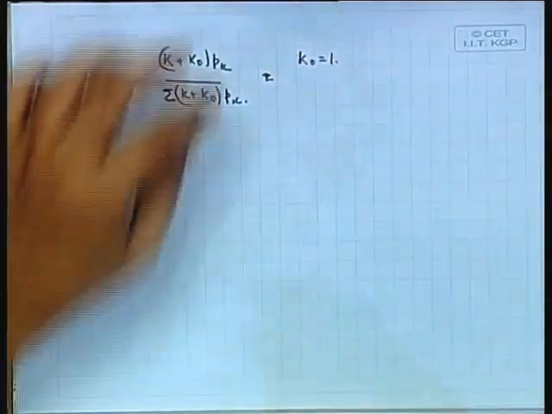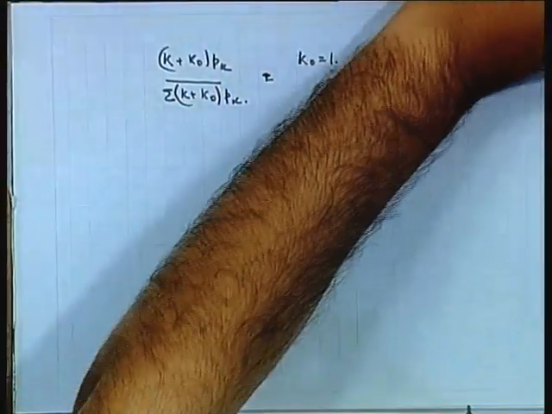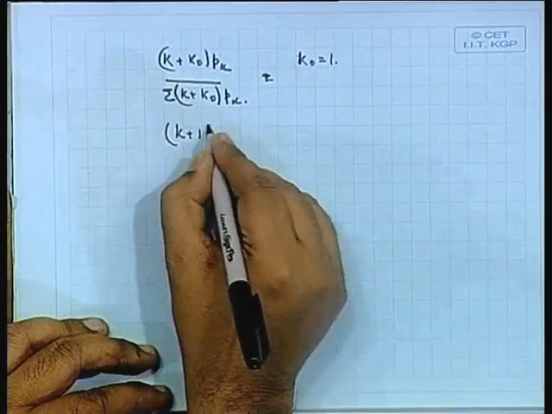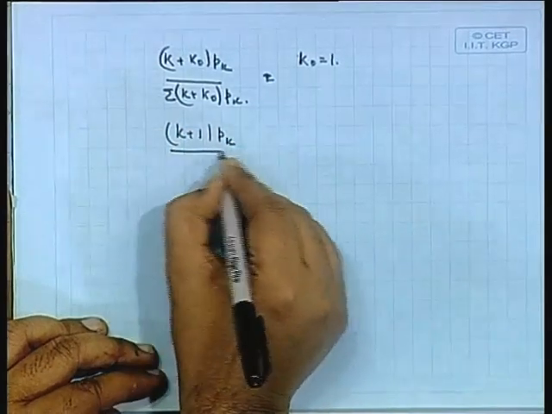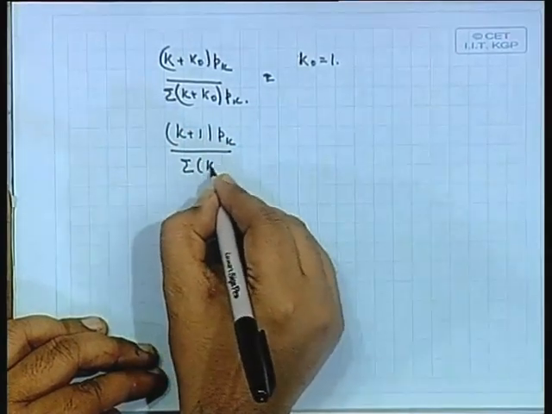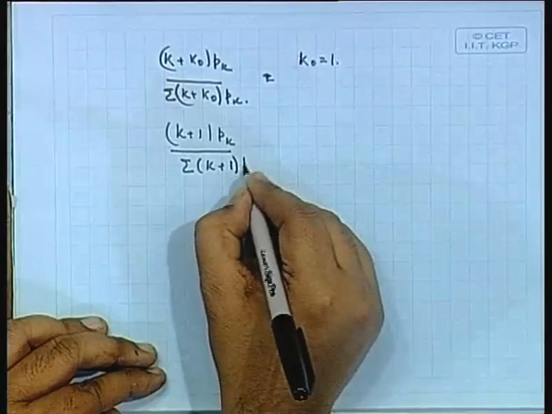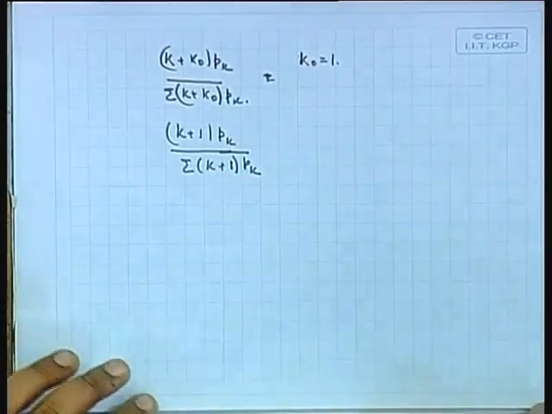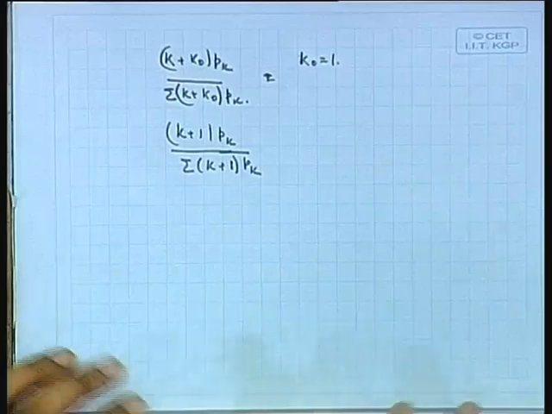We can have any offset, and we will generalize it later, but for the time being let us think k0 is equal to 1. Then this becomes (k plus 1) P_k over the summation of (k plus 1) P_k. Am I clear?